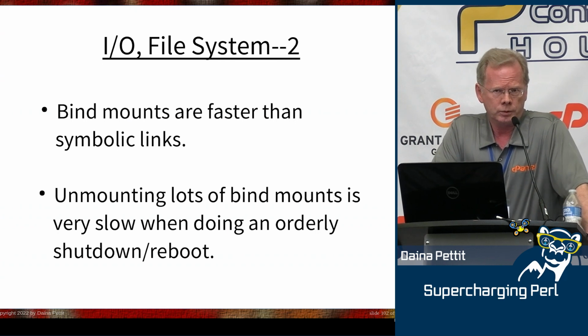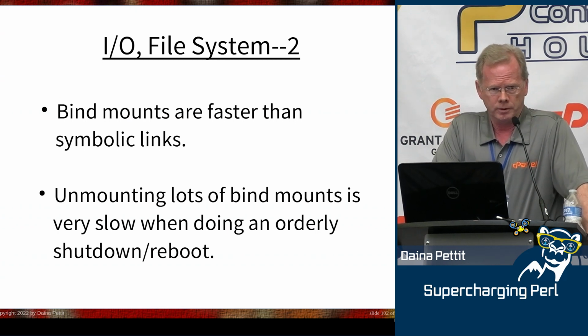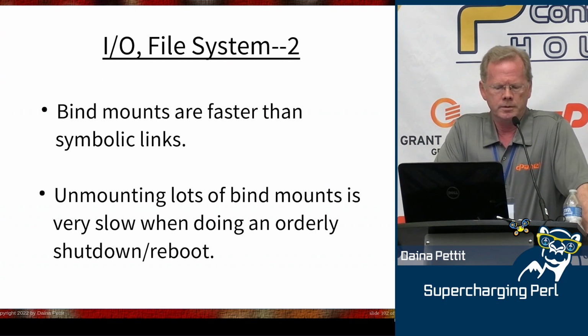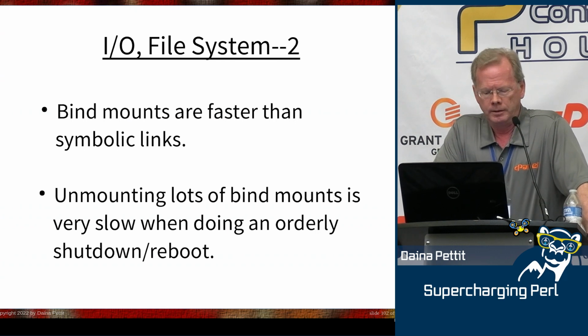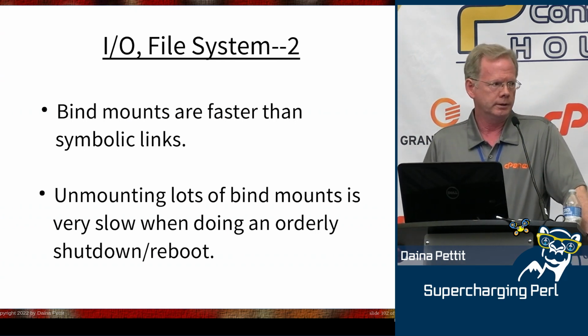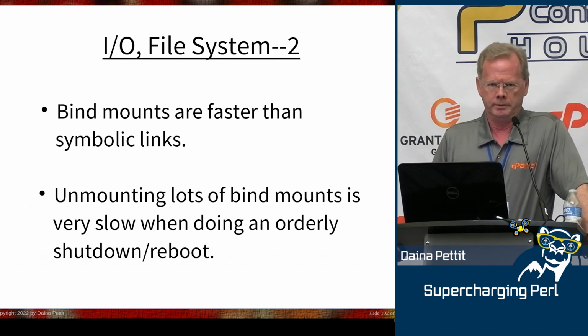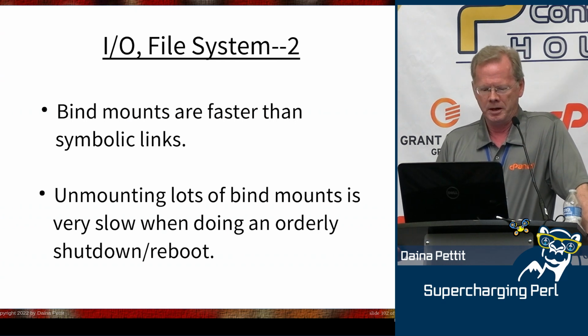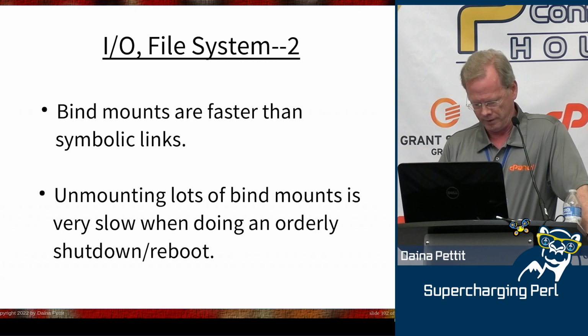I did a test case where I had 20,000 bind mounts on a system, and the projected unmount time for an orderly reboot was 8 hours. However, the cool thing is I could just cycle power on it, and it reboots instantly. But the unmounting of bind mounts can be slow if you have a lot of them.